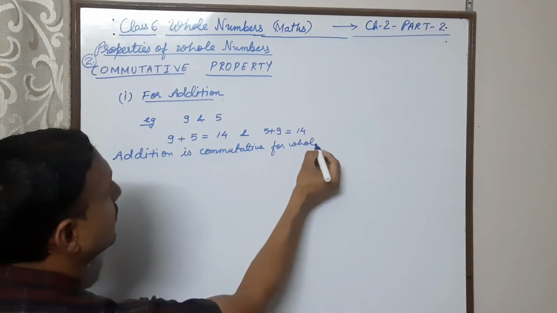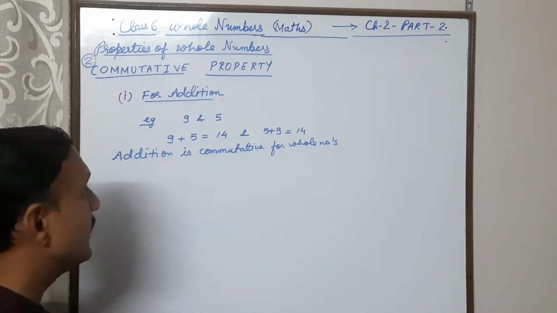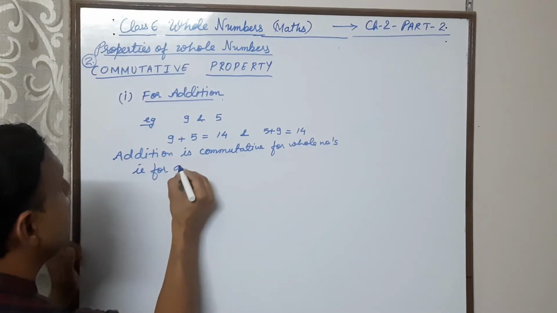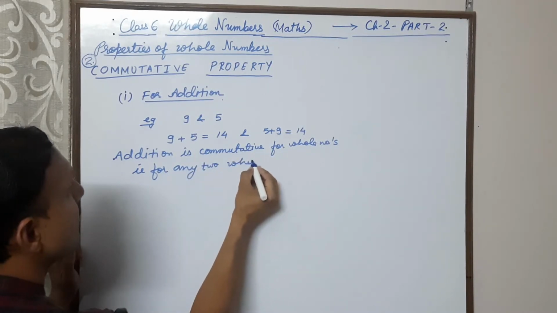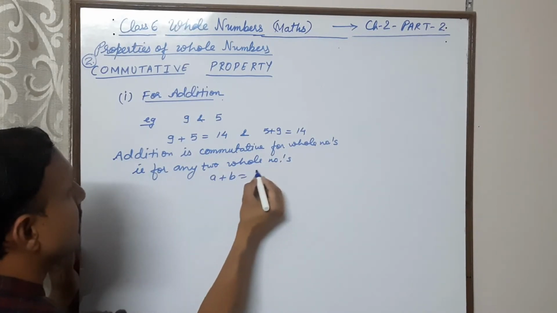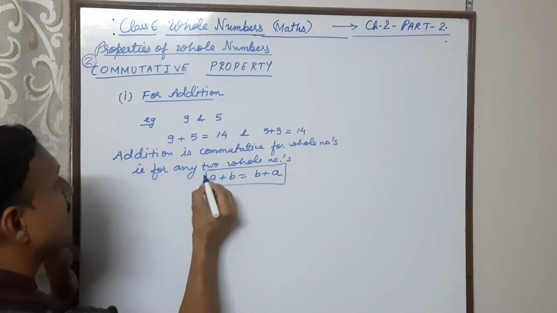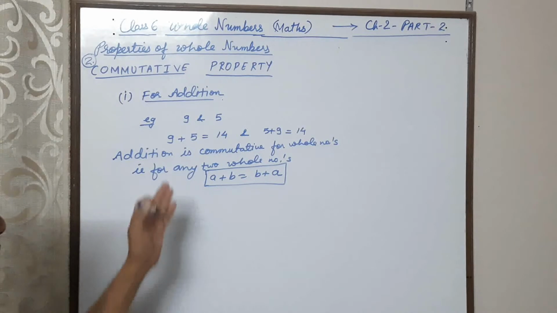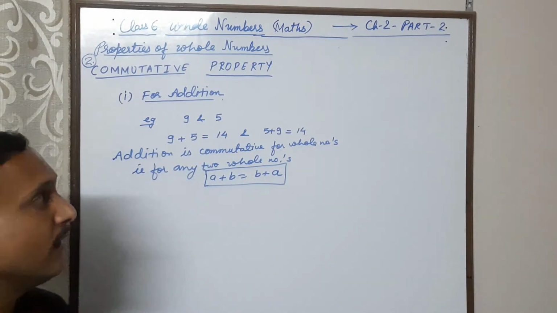That means we can add whole numbers in any order. That is, for any two whole numbers, A plus B equals B plus A. Any two whole numbers we can add in any order: A plus B, or 9 plus 5 is 14, or 5 plus 9 is 14. So addition follows commutative property.